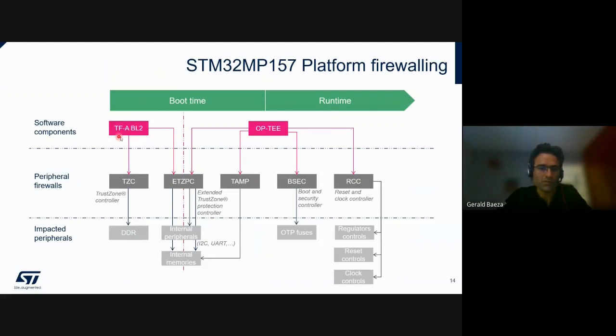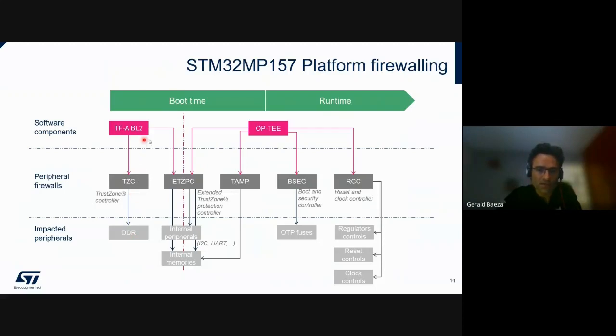The first one is the TF-A BL2, the Trusted Firmware for Cortex-A BL2, that will initialize two main components on STM32MP1. The first one is the TZC, TrustZone Controller, that is the DDR firewall. So thanks to the TZC, you can say that a given region will only be accessible from the secure world, and another one will only be read-write by another set of masters on the system.